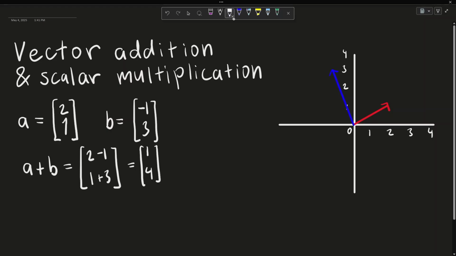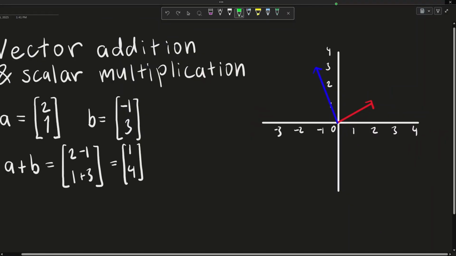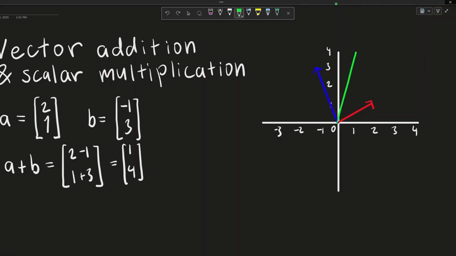I'll just draw in some negative values, -1, -2, -3. If we were to add these two vectors, we should get 1, 4. And so what we get is this vector C, which is equal to 1 in the x direction and 4 in the y direction. When we draw it out, it looks something like this.